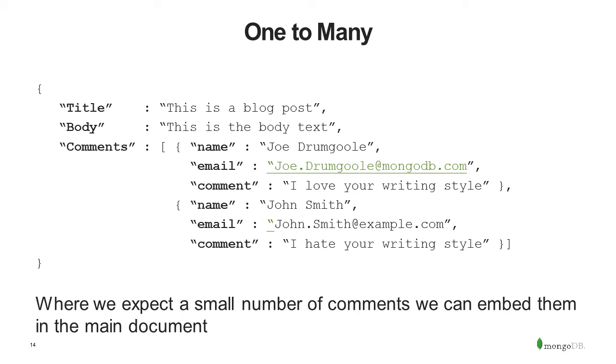So here, what we're doing is we're building a title and a body, and then there's going to be an array. Notice the square bracket here. That means there's an array. And so within each array, we've got a sub-document. This is a sub-document. Right? You can see it just outlined there, the two curly brackets, and the same up here.